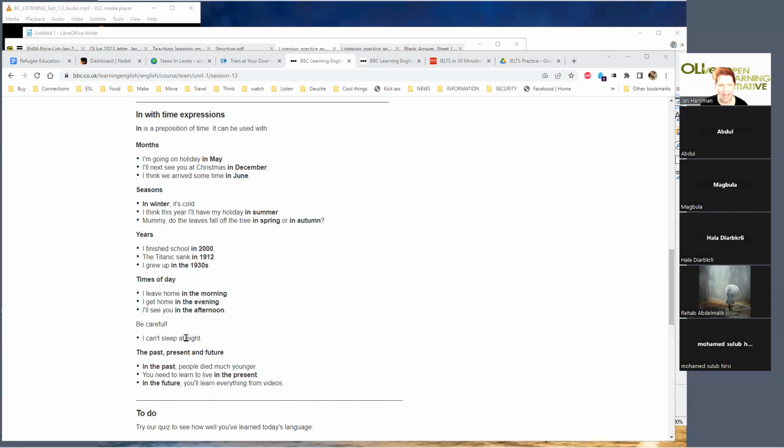And they say at night is a bit different, but there's other times of day that we use at with. How about sunrise? I always get up at 6 in the morning. What time is that? At 6 o'clock? Yes.